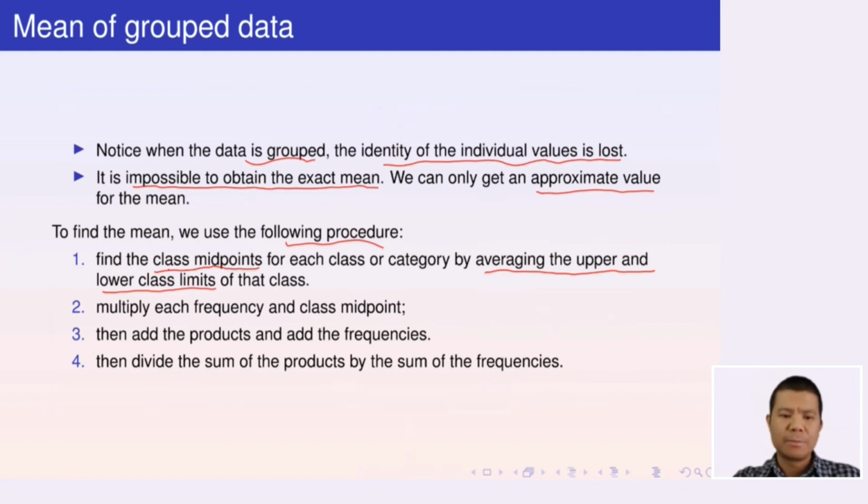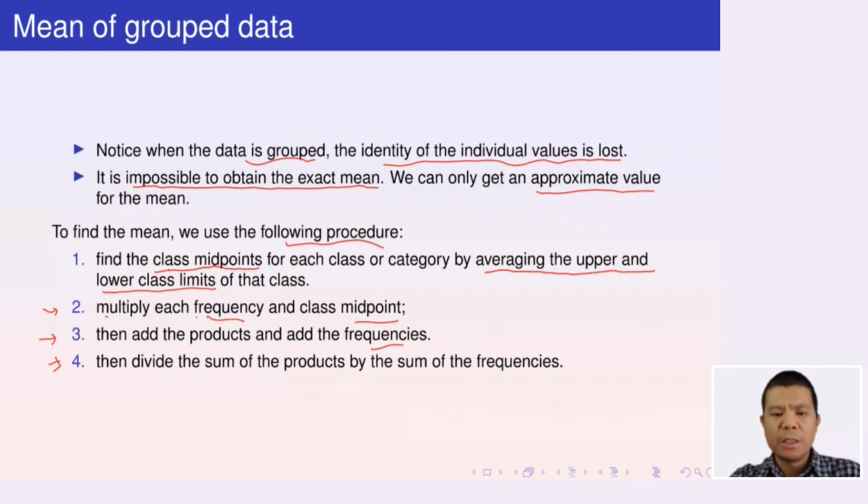So we can find the class midpoints for each class by averaging the upper and lower class limits of that class. Second, we multiply each frequency and class midpoint, taking the product of frequency and midpoint for each class. Third, add all the products and add all the frequencies, finding the summation of the products and the summation of the frequencies.